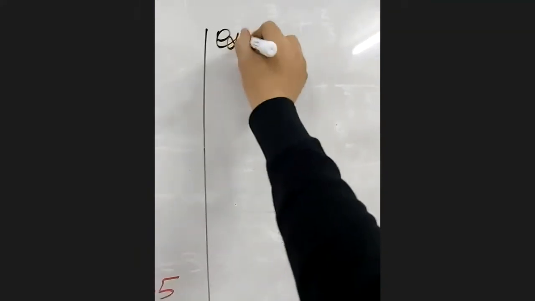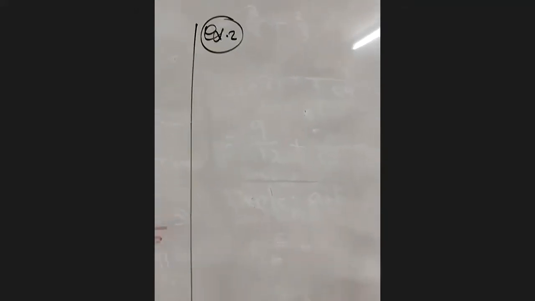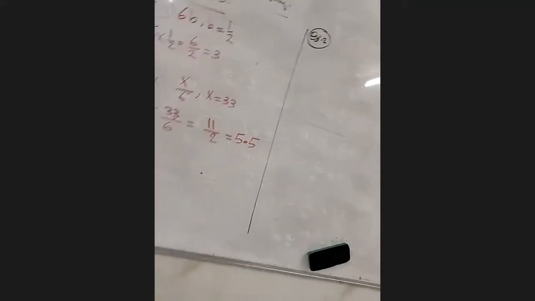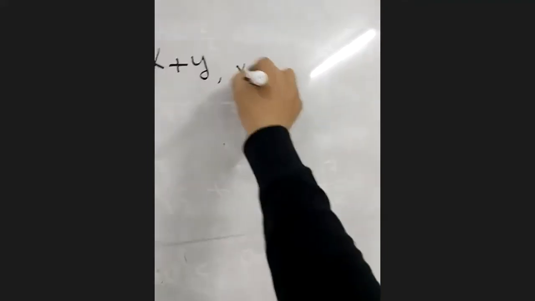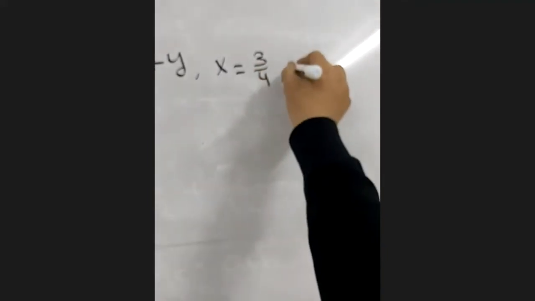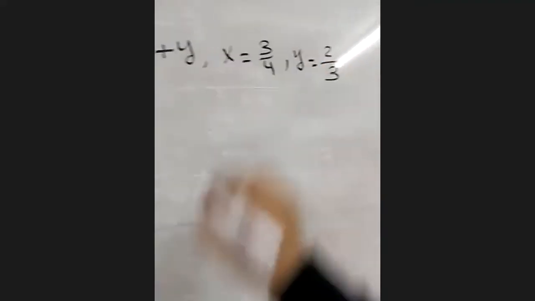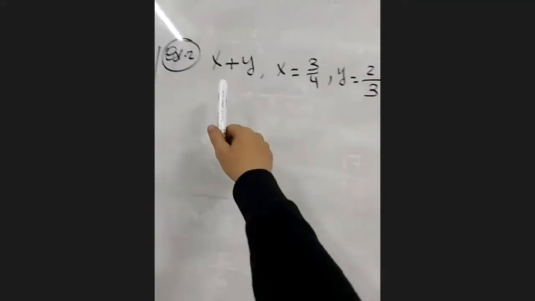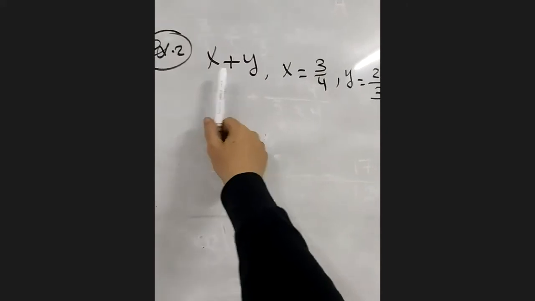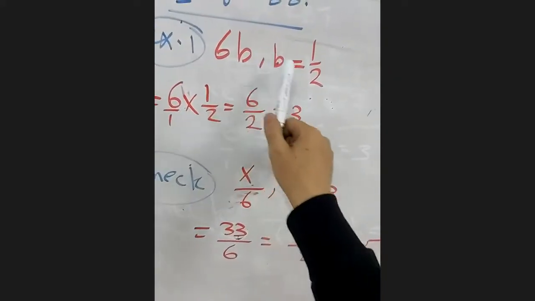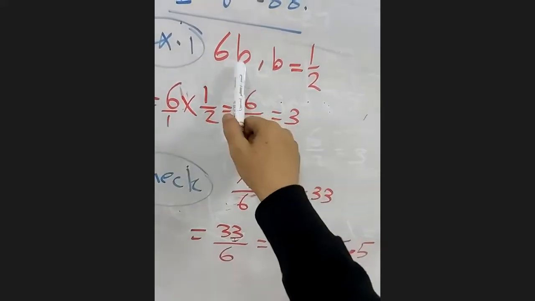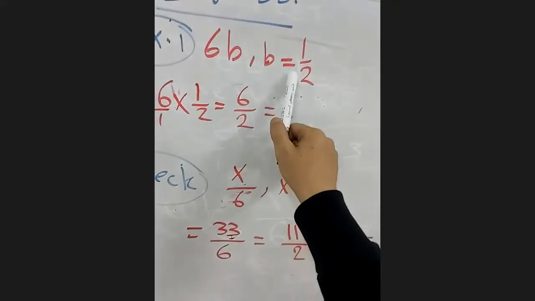Read, Abdul Hamid. Evaluate the expression x plus y when x equals 3 over 4 and y equals 2 over 3. Good. Now here we have the expression x plus y. So here we have two variables. Before, we had one variable, so I had one value.